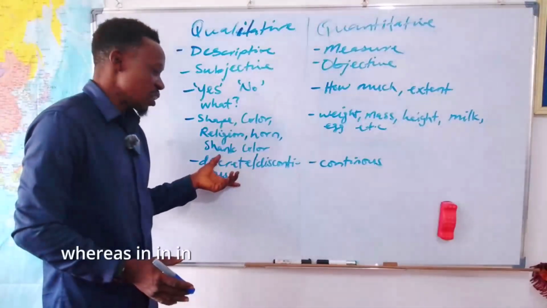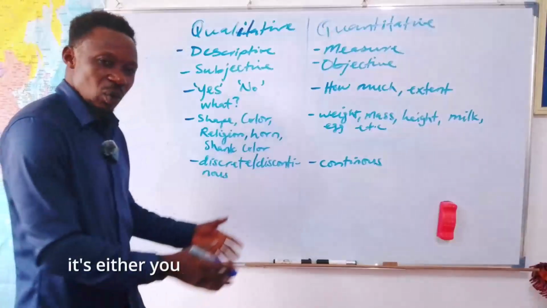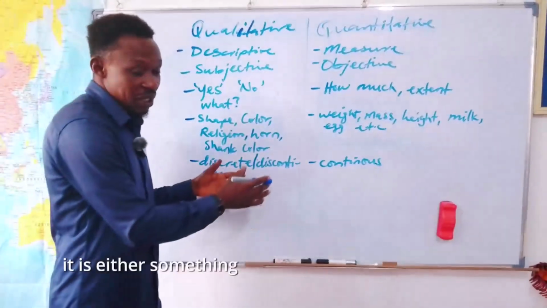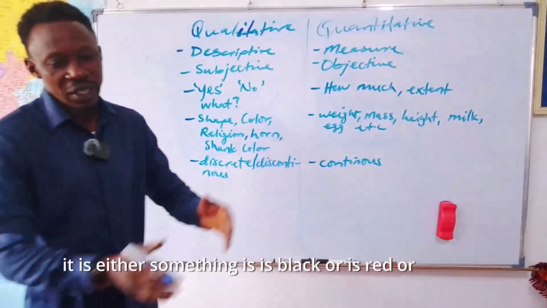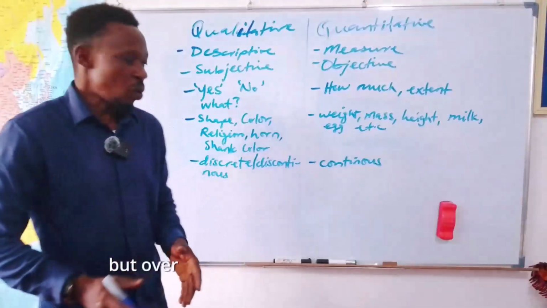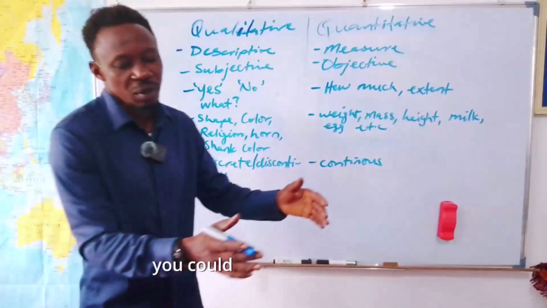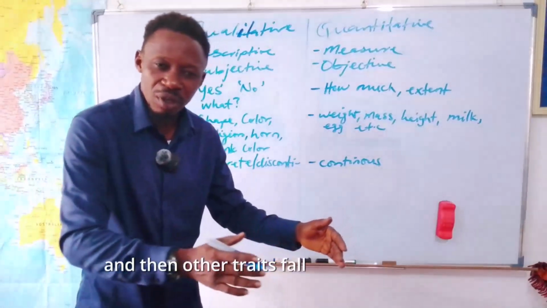Whereas in qualitative traits, there is no such graduation. It's either you are in this class or in the other class. It is either something is black or is red or it's green. But over here in quantitative traits, you could have one low trait and then other traits fall in between.